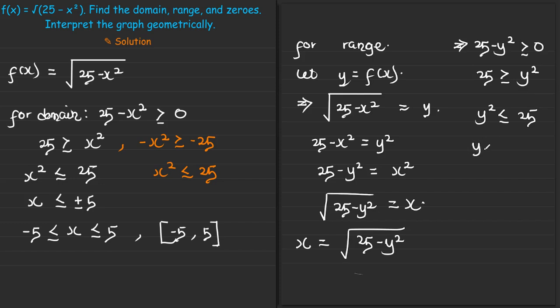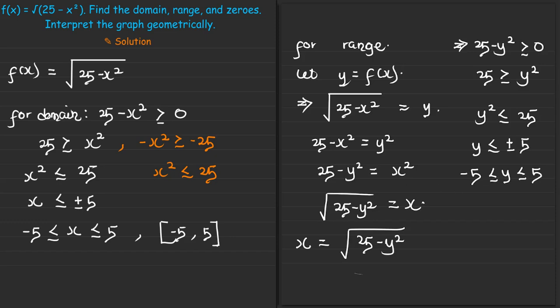So our y is less than or equal to plus or minus 5. Now this can be interpreted as negative 5 less than or equal to y less than or equal to 5.